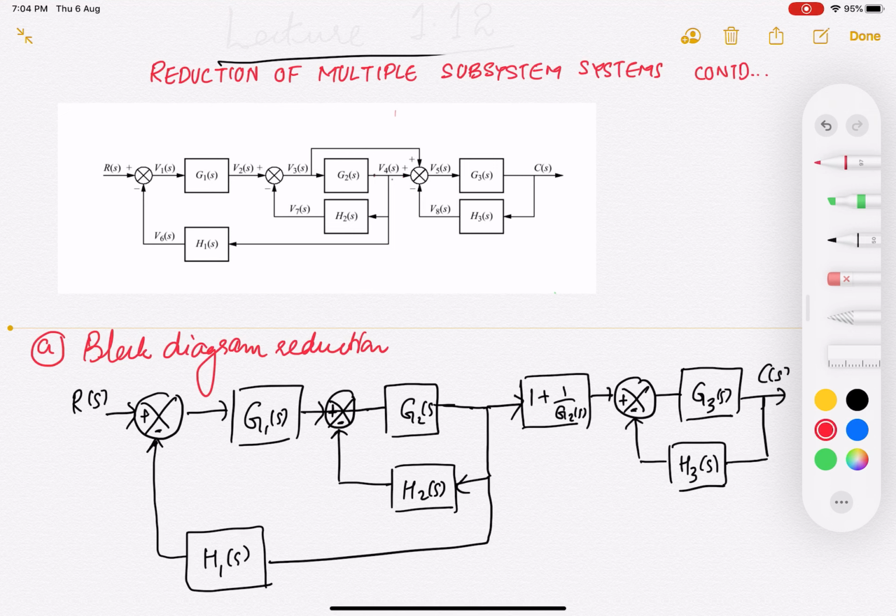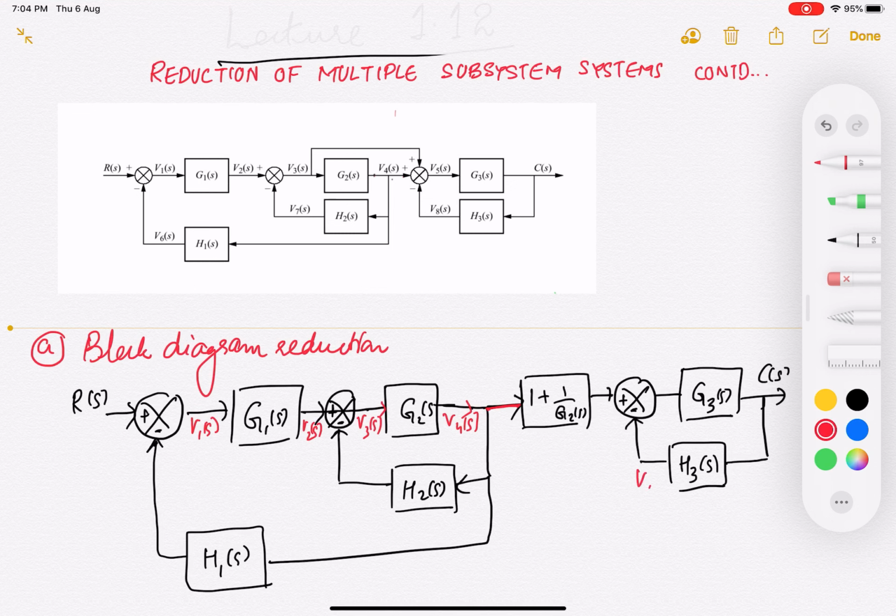So the signals are the same. You have R(s) at the input, C(s) at the output. This is your V1(s) here. You're still getting V2(s), and you're still getting V3(s), but you're not tapping V3(s). You're tapping V4(s), and then multiplying it with 1 plus 1 by G2(s) to get your V3(s), and then adding it and giving it as an input to this summing junction as a single input.